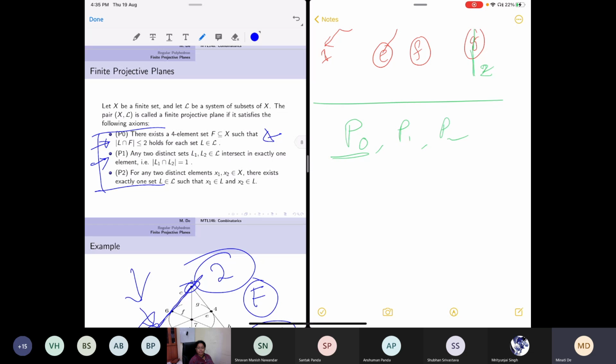So how to prove that P0 is holding? What statement first of all do we need to prove if we want to prove that P0 is holding? Can you tell me quickly?